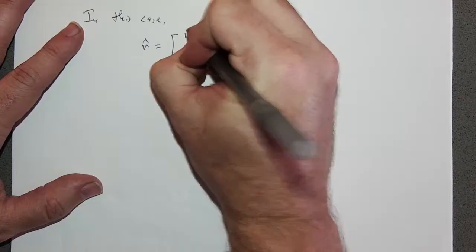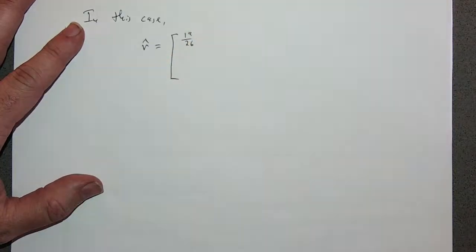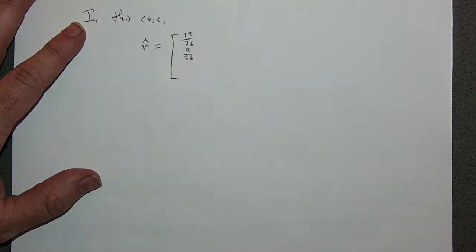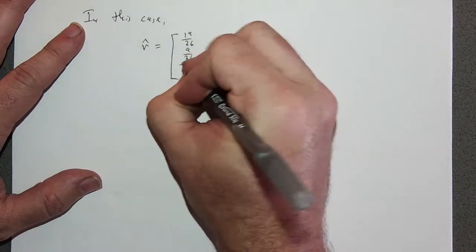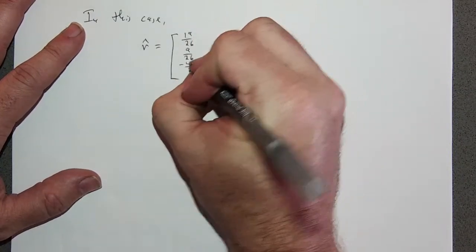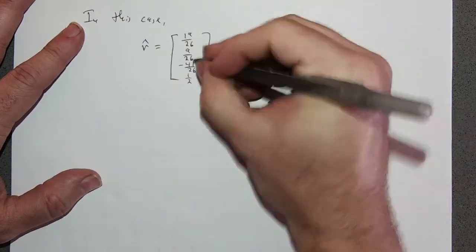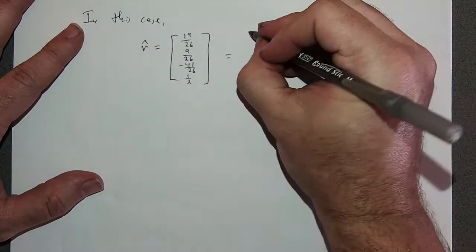This would be 19/26 in the first slot, 9/26 in the second slot, minus 41/26 in the third slot, and 1/2. Don't worry if that's a little ugly looking.